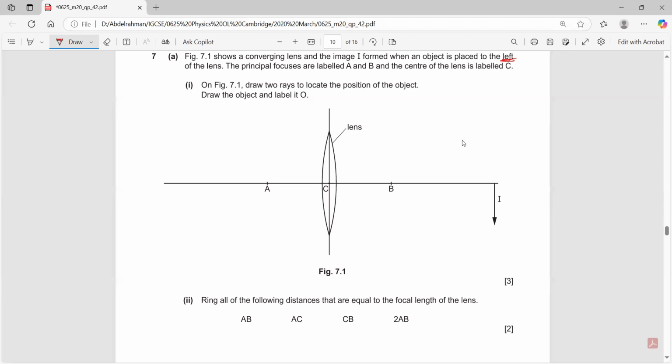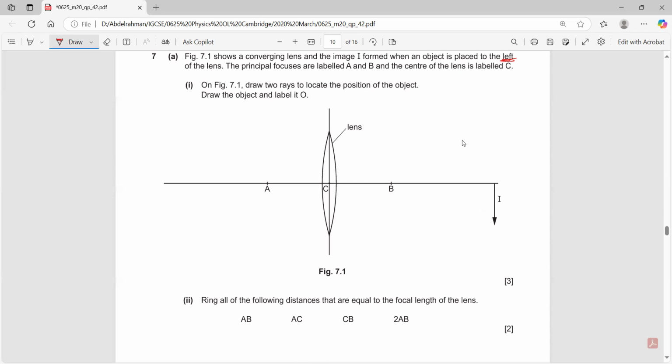Why would it be easy? Because, if I'm talking about this drawing only, you can assume that this image is the object, and then start to draw the rays emerging from the image. Definitely, we know that they are not emerging from the image, but you can assume.